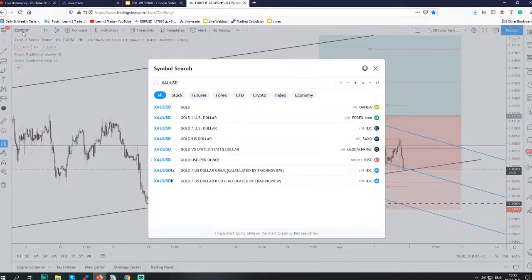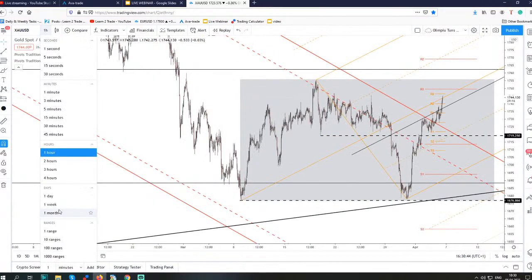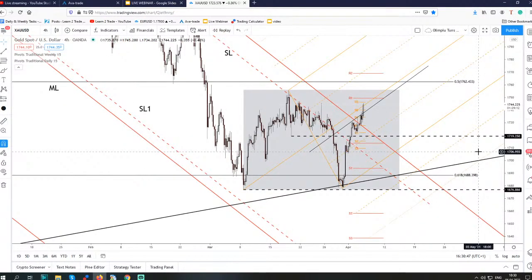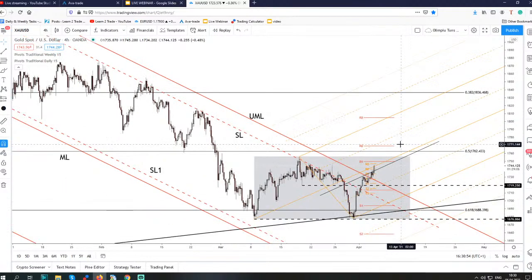Okay guys, let's talk about gold, and let's take a look on the 4-hour chart. So as I've told you in my previous live webinar, gold could continue to increase and it could approach and reach fresh new highs if the US dollar will continue to decrease, if it will depreciate versus the other important and major currencies.